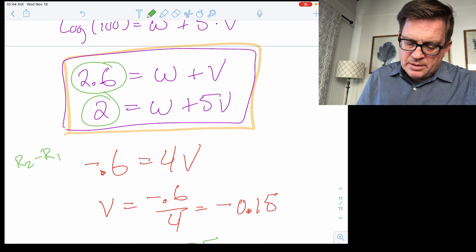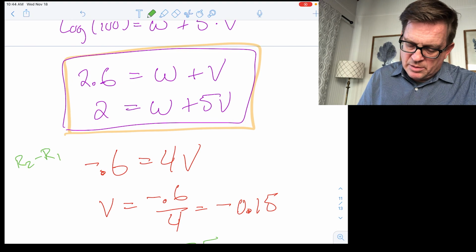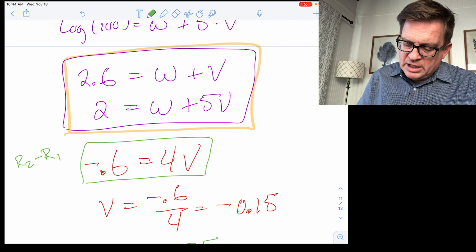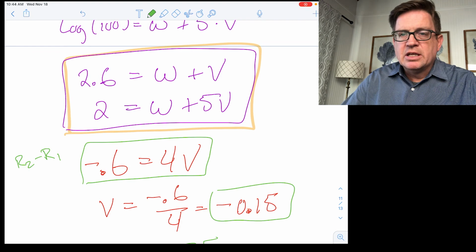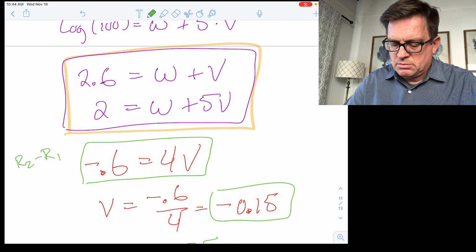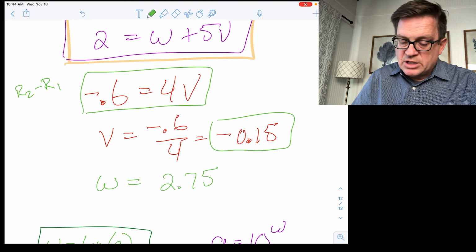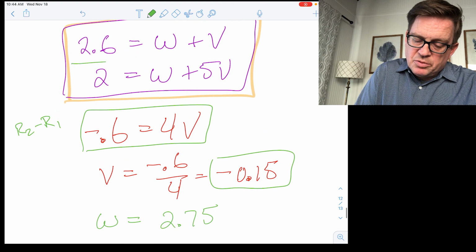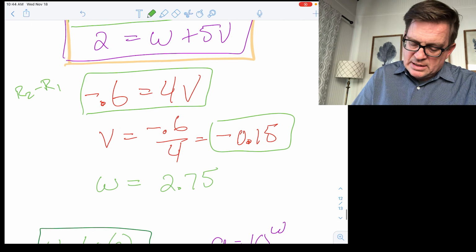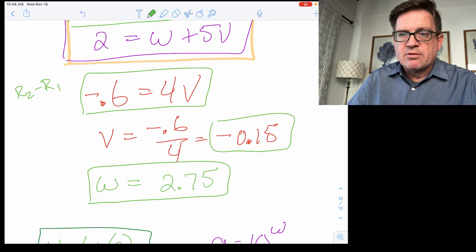So I have that equation for v, and I can solve for v, and v is negative 0.15. And then I can solve for w. Since w plus v is 2.6, w has to be 2.75.